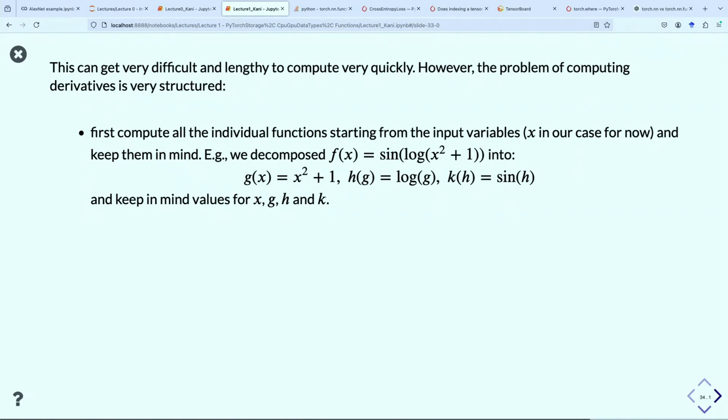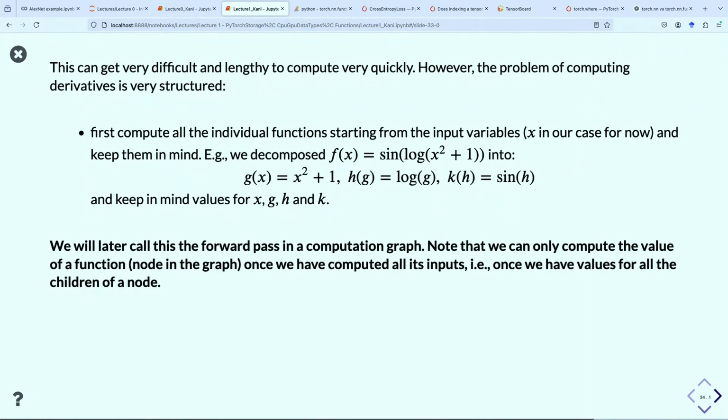This can get very lengthy and time-consuming to communicate, but the derivative is very structured. And it's structured because we did the decomposition, right? What's important here is that we do the decomposition and we simply numerically calculate each of the steps of the decomposition to get the change at the output, or at f, with respect to x, right?